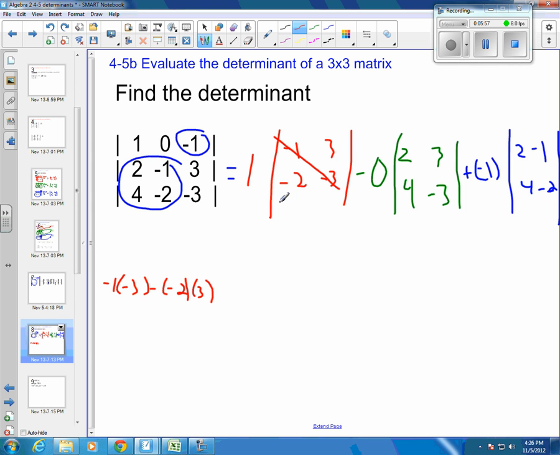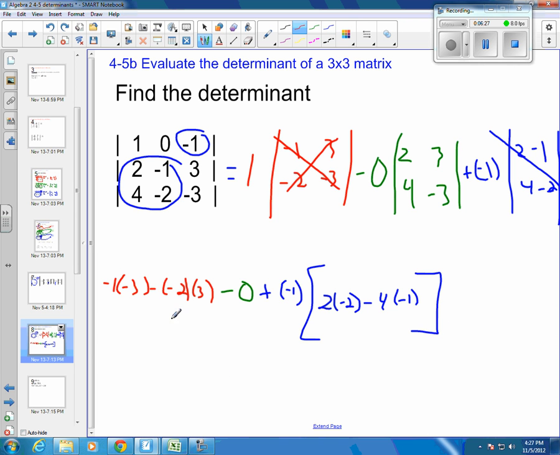Remember, we take the diagonals and you subtract the diagonals when you multiply them. Then we're going to subtract 0 times some stuff, so that's just going to be 0. And then I'm going to add a negative 1 times its determinant, so that's going to be 2 times negative 2 minus 4 times negative 1.